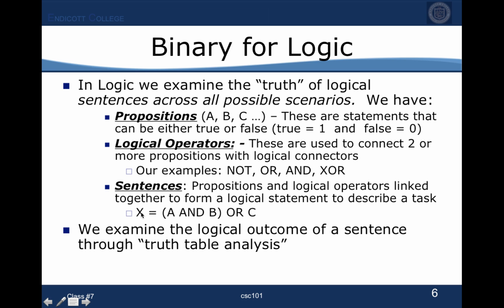In this example, I say X equals A and B or C. Maybe we don't know exactly what these mean yet, but this is an example of a sentence, the main type of object I'm going to study. It describes, for example, when do I produce a capital W? Or maybe when should I turn the computer off? If this sentence is true, then yes, you should turn the computer off. If it's false, then no, I shouldn't.